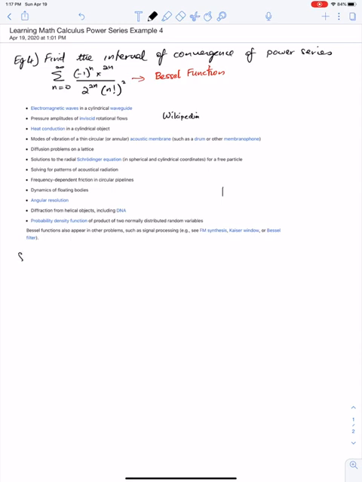So we'll use the ratio test here, just like in the previous one.